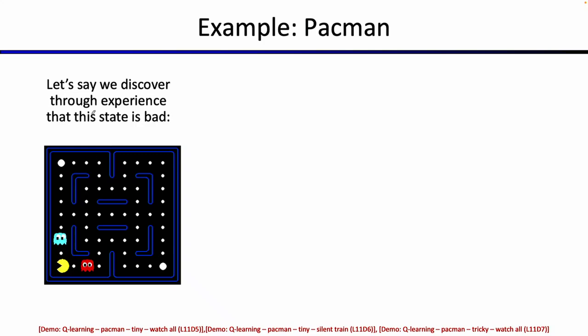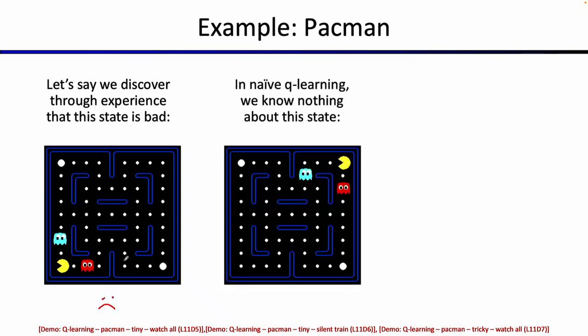As an example, let's say we are in this state, and from this experience, we discover that this state is bad because maybe the next turn, the ghost eats the Pac-Man. But then, with naive tabular Q-learning, it doesn't actually tell us anything about this state.